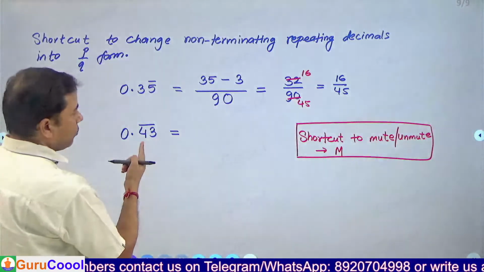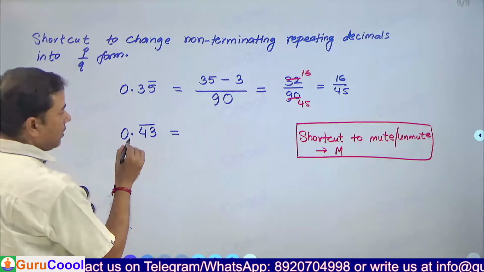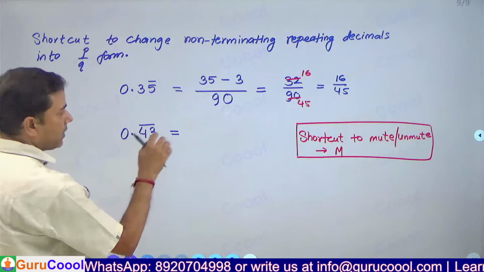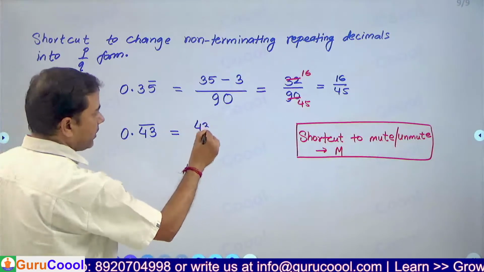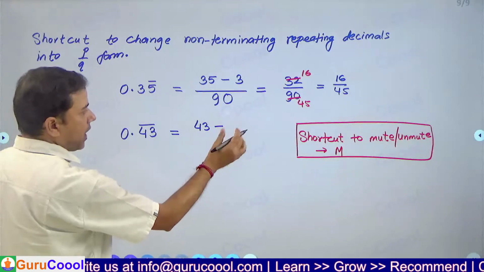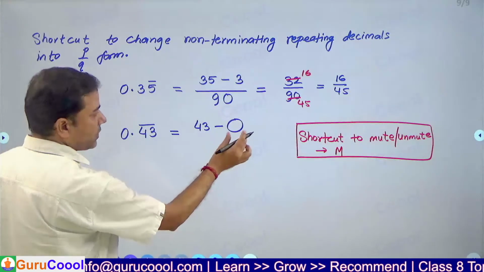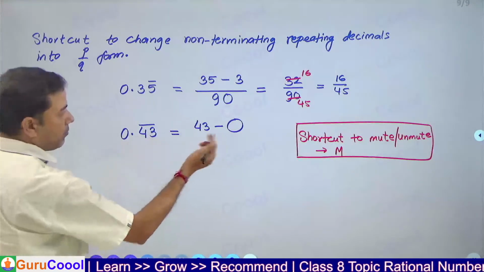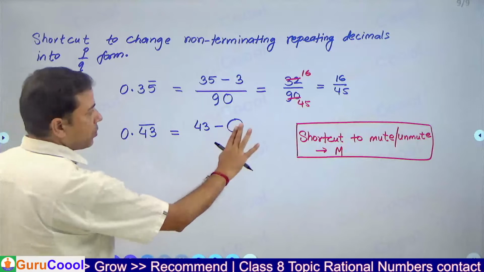Okay, so what we do: we remove the decimal, we remove the bar sign, we write the remaining digits, that is 43. We subtract the number made by those digits which have no bar sign, but there is no such digit, so no need to subtract anything.